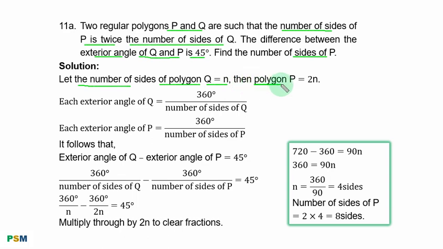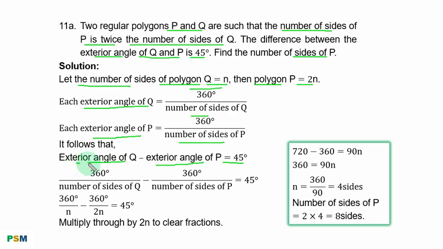Then polygon P becomes 2n, twice the number of sides of Q. Each exterior angle of Q is 360 degrees over number of sides of Q. Each exterior angle of P is equal to 360 degrees over number of sides of P. It follows that from the question, exterior angle of Q minus exterior angle of P is equal to 45 degrees.